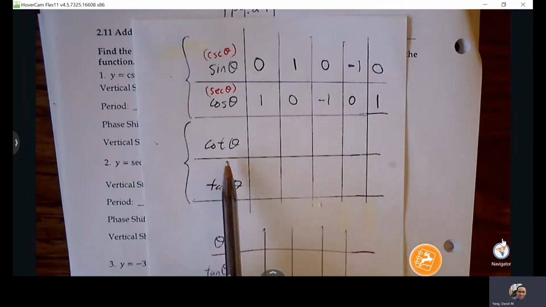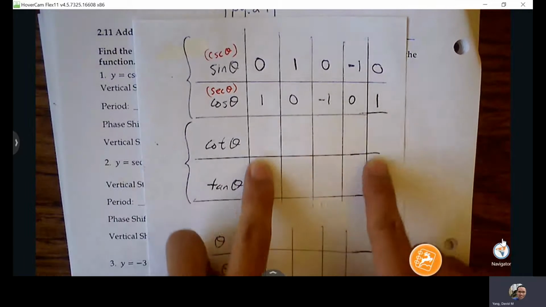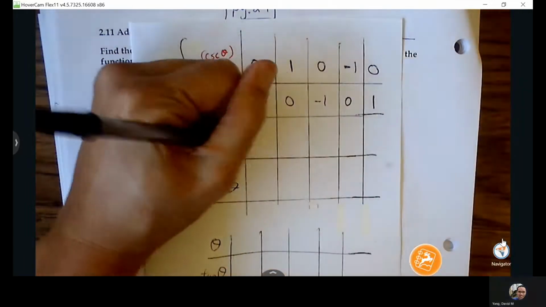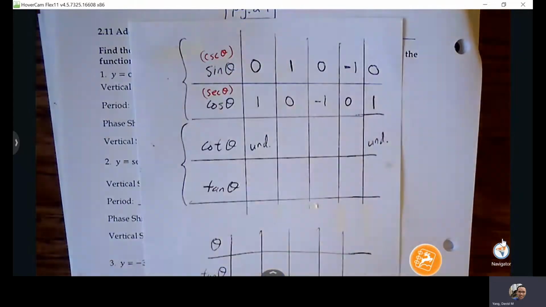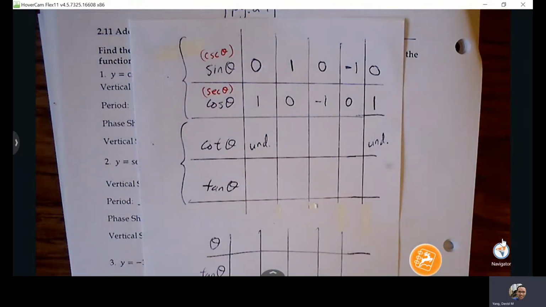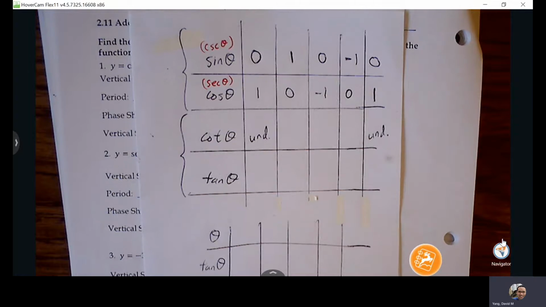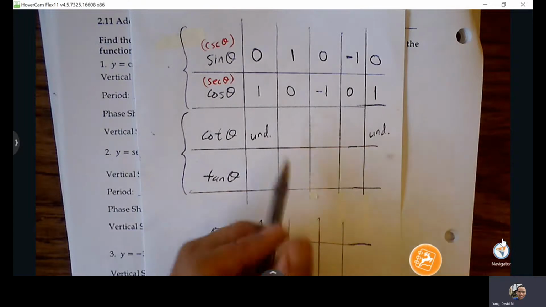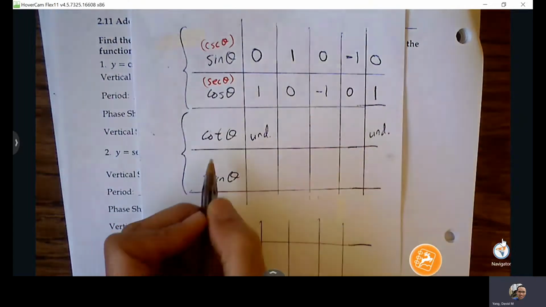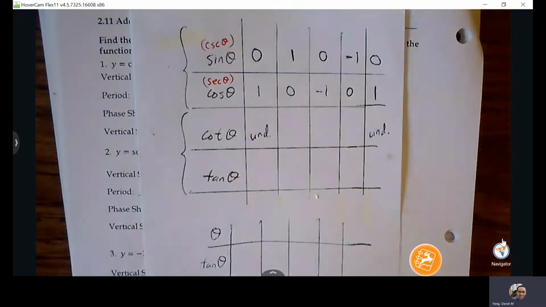Now, cotangent is a little bit different because at the edges we have undefined, which are vertical asymptotes. And where does cotangent start? What y value does it start at? Cotangent? 1.